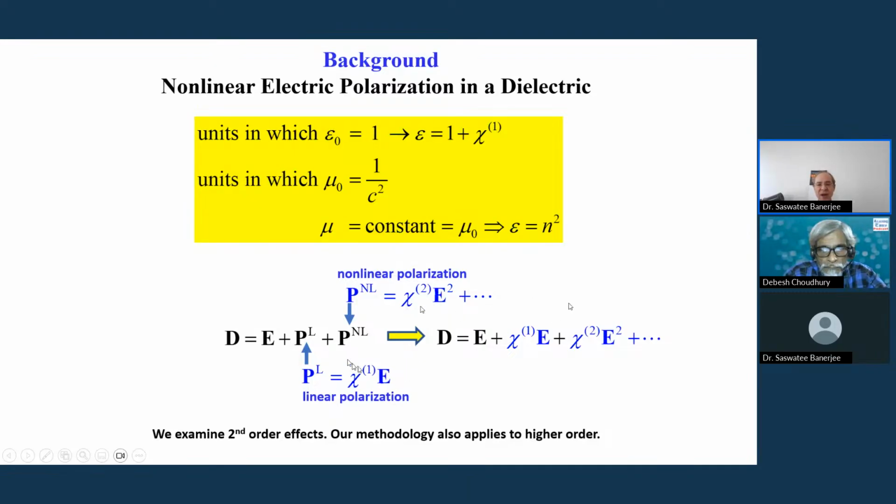I'm not going to consider higher orders; it will be chi2 E squared. This is where the nonlinearity comes in. You can go to E cubed terms and even higher, but E squared and E cubed are the most important for a lot of the technology of nonlinear materials.